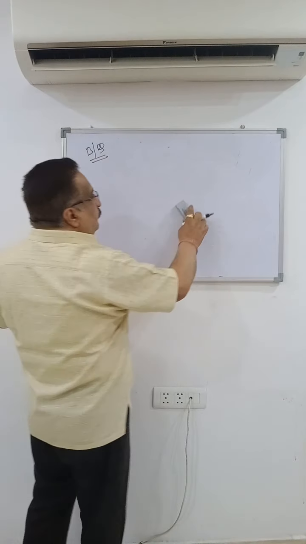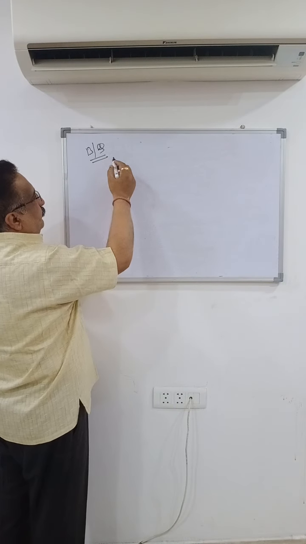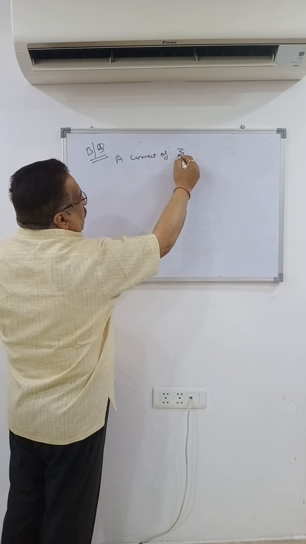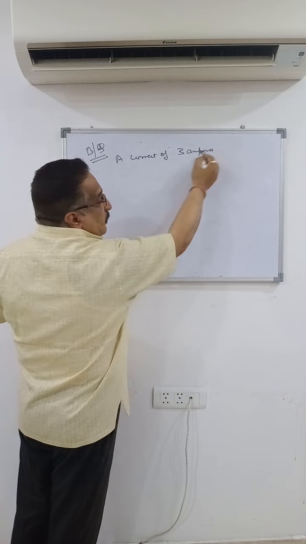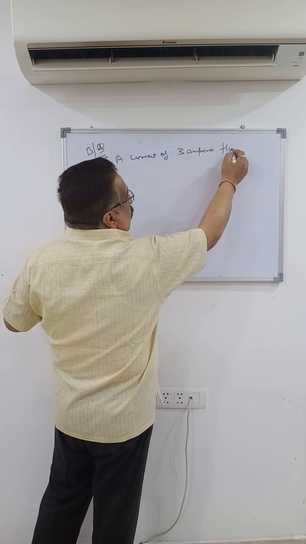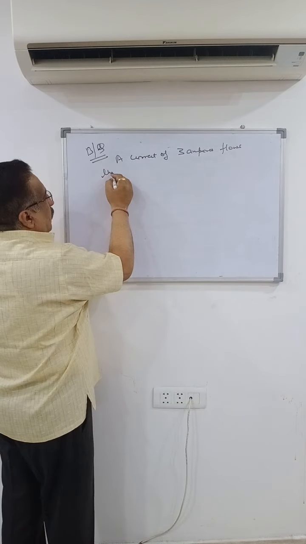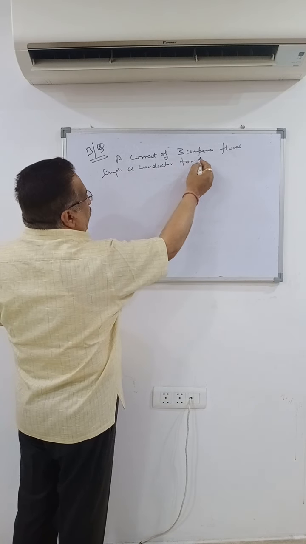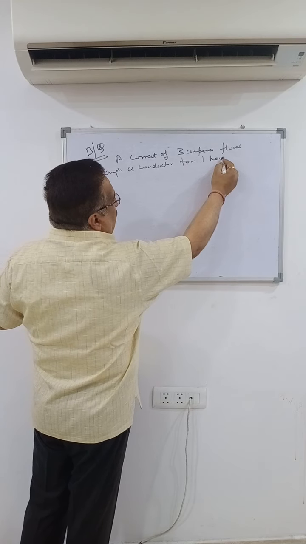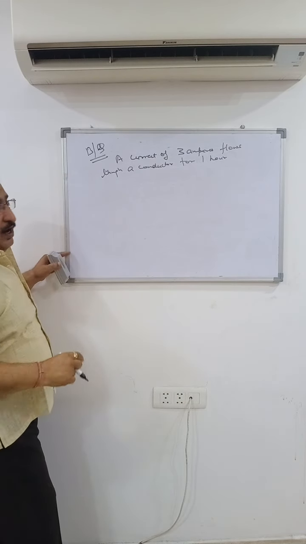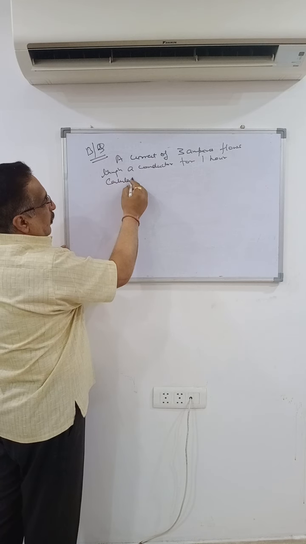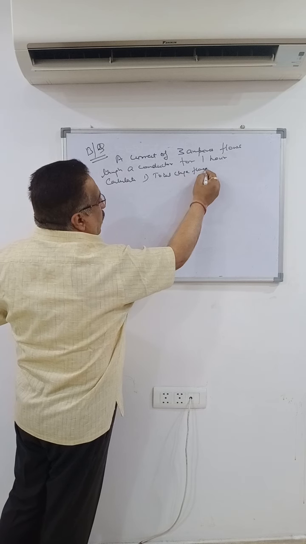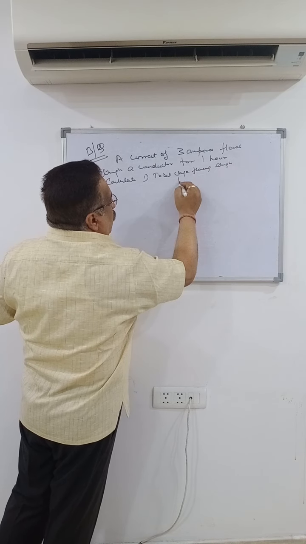Now, a current of 3 amperes flows through a conductor for 1 hour. 3 amperes for 1 hour. Calculate, number 1, the total charge flowing through the conductor.